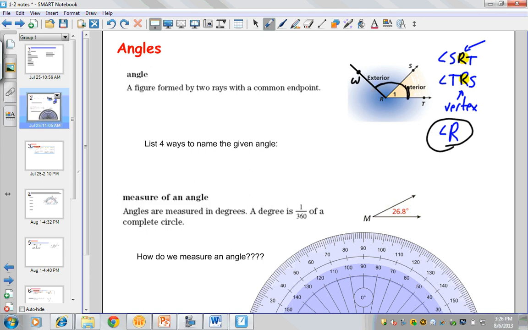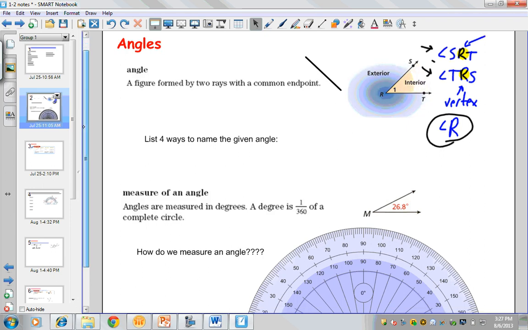It would count for all of this, and technically it could count for this entire angle on the outside, which is obviously not going to be as specific as it should be. So if you're ever dealing with multiple angles, then you would want to go with the three-letter name, which is this one or this one. But if it's a single angle, which we dealt with to begin with, let me move this, then angle R would work. All right.